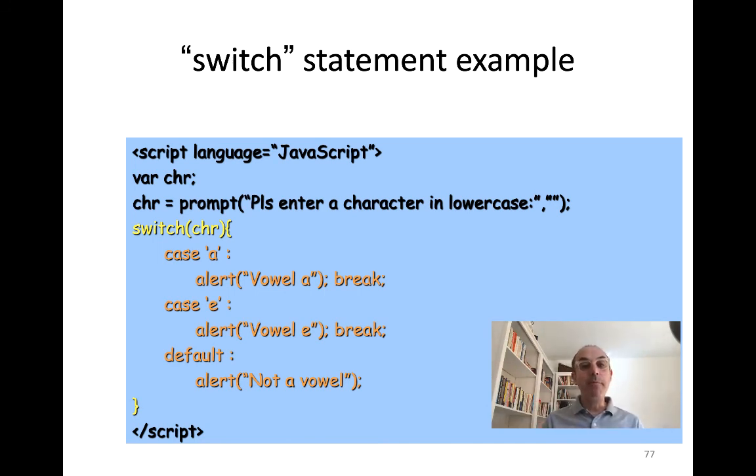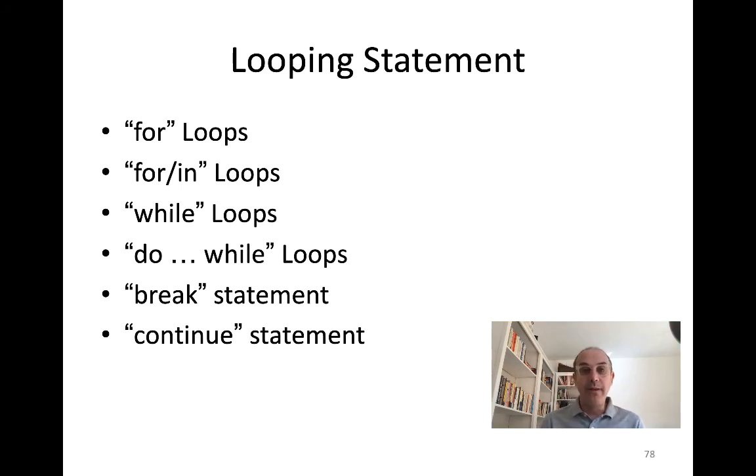I will use prompt to enter a character in lowercase, and I will say break, case a, val a, case e, lowercase e, and default is not a vowel. And so this is the idea behind that, so I can measure what the user put into the form in order for it to operate.